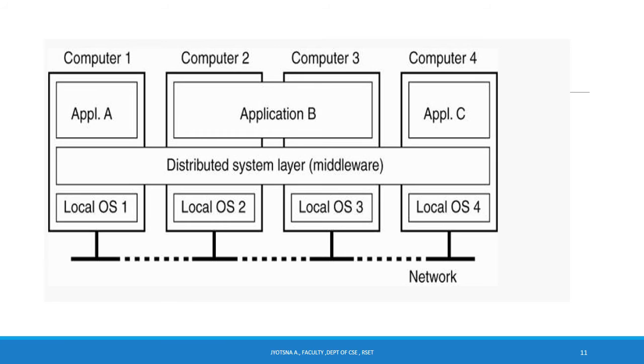In a sense, middleware is to a distributed system what an operating system is to a computer: a manager of resources offering its applications to efficiently share and deploy those resources across a network.